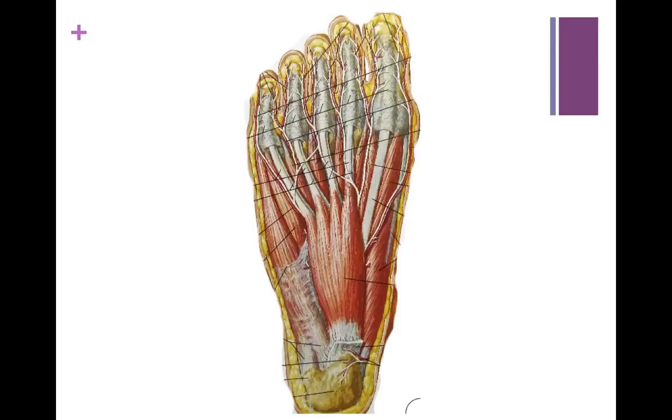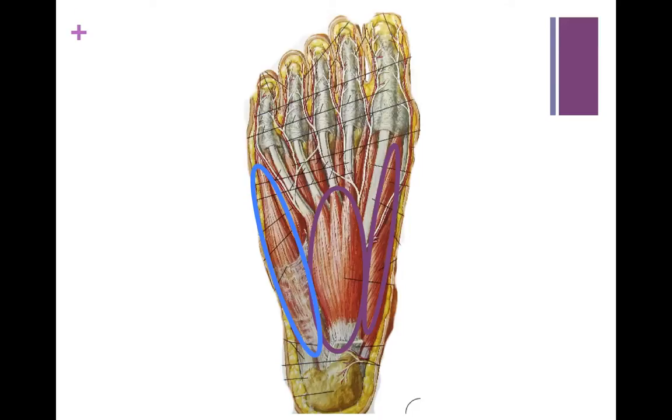Some fibers of the plantar fascia attach to the flexor digitorum brevis, a muscle lying underneath the fascia, which is contained within the first layer of the foot, along with the abductor hallucis and the abductor digiti minimi.